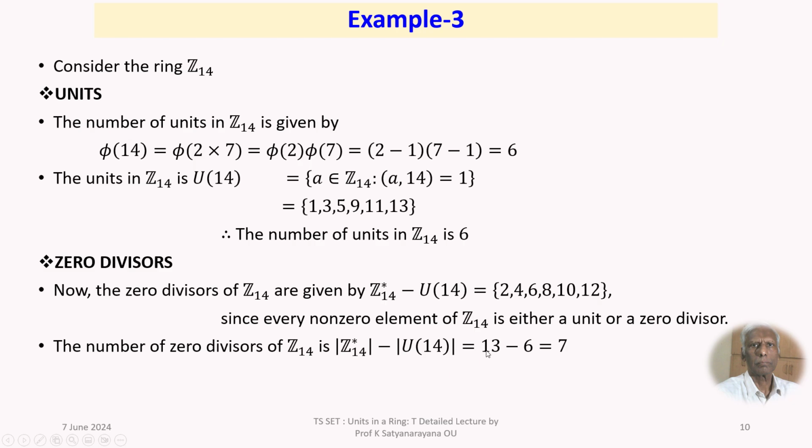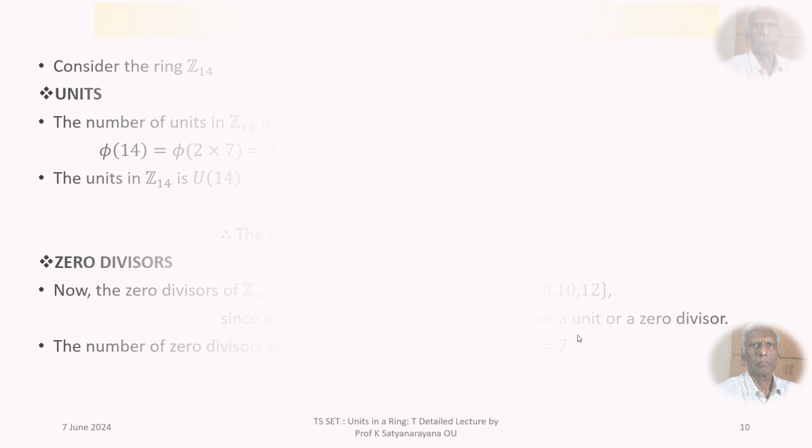That is equal to 13 minus phi of 14. What is phi of 14? It is 6. So 13 minus 6 is 7. So physically you have listed those zero divisors, they are 7 in number. So thus you get the 7 also. Either way you can do that.